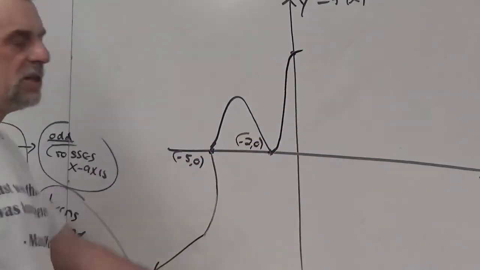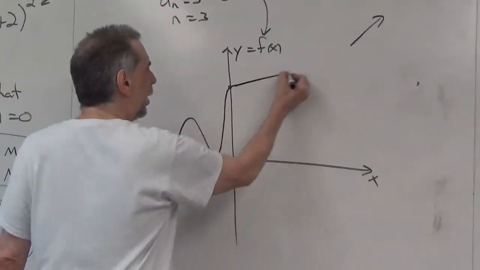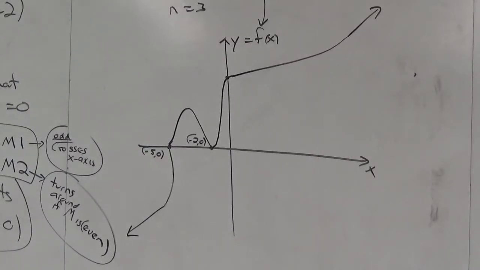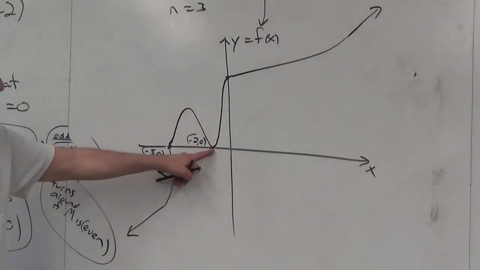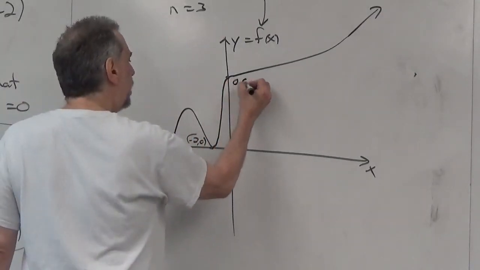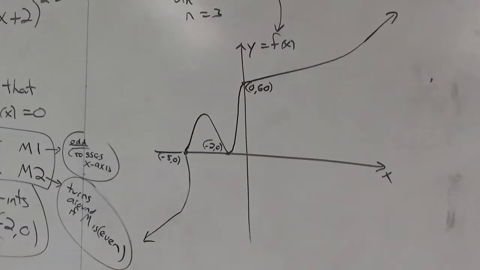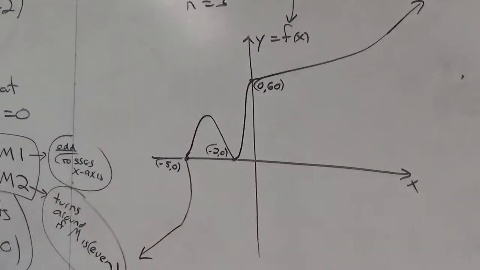It's always going to cross the y-intercept. It's never going to turn around. And then it meets up over here. And again, if you put that in your calculator, you might see something a little different, but you're going to see the x-intercept at -5, another x-intercept at -2, a y-intercept at 60. And it's going to cross the x-axis here, and it's not going to cross the x-axis here because of the multiplicities.